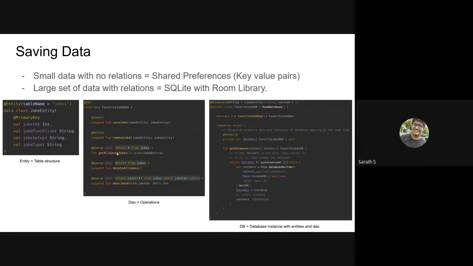The SQL statement to get all the jokes is select star from jokes. Jokes is our table. So we get all the jokes, and we are returning a list of joke entity. So we are returning a list of this object, this data class. This is what we are using in the recycler view, as you saw before. So this is how we are getting the saved jokes.